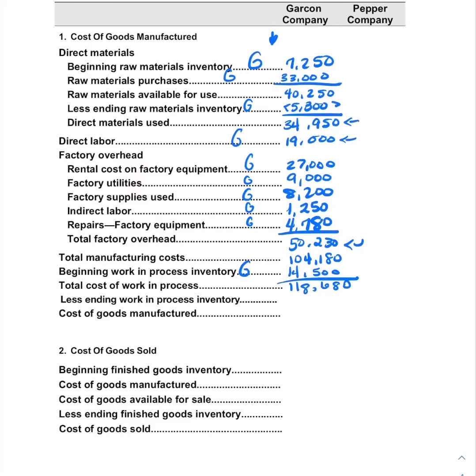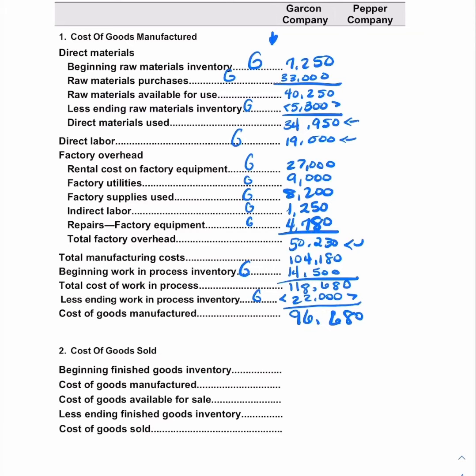Next, I need to back out that ending work in process inventory. So I'm going to do that with these braces that we saw earlier, and that will be for $22,000. Now we'll finish this up with cost of goods manufactured being a total of $96,680.